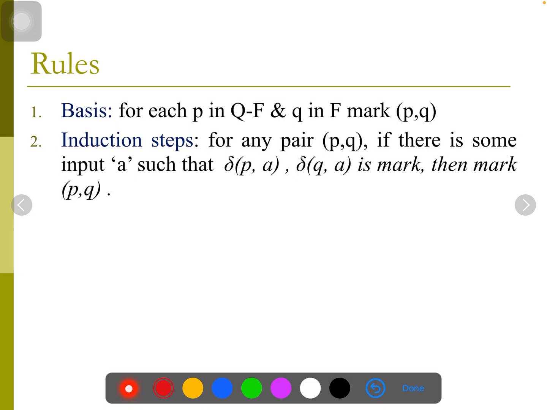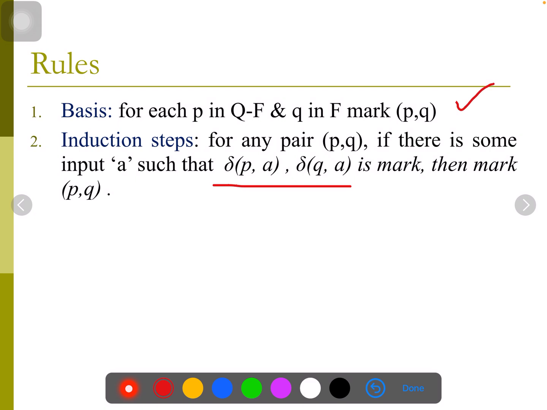Suppose you have to check this transition indirectly: is it already marked by the basis rule? Then you have to mark P, Q in the table. I think you understand the basis rule.